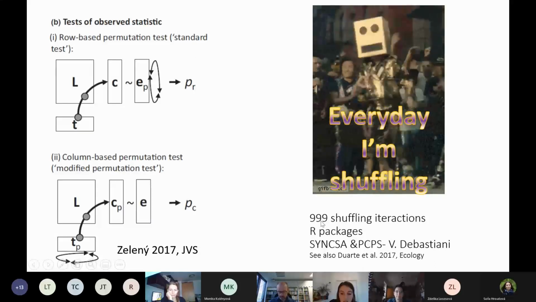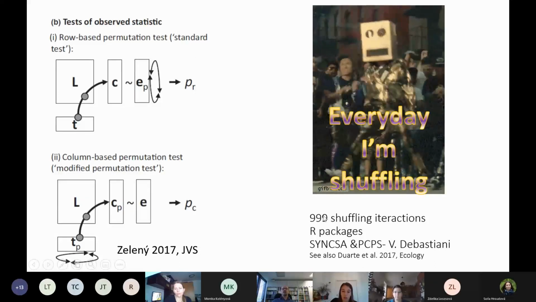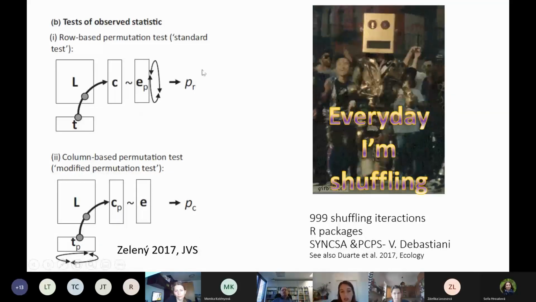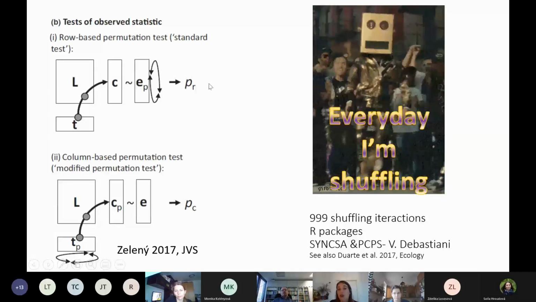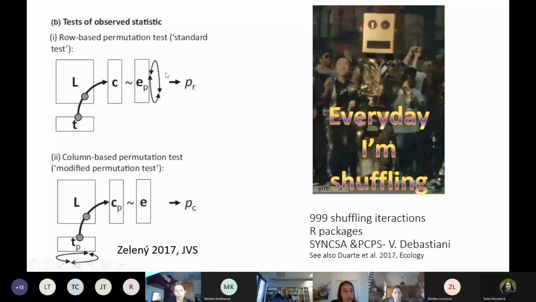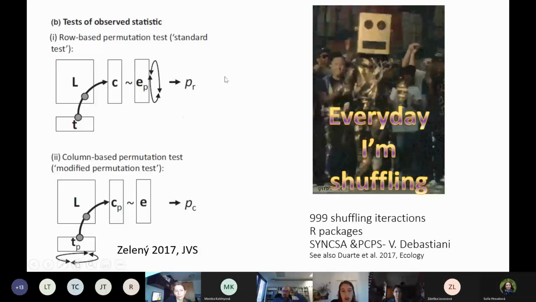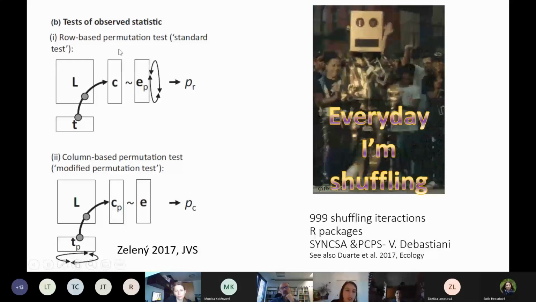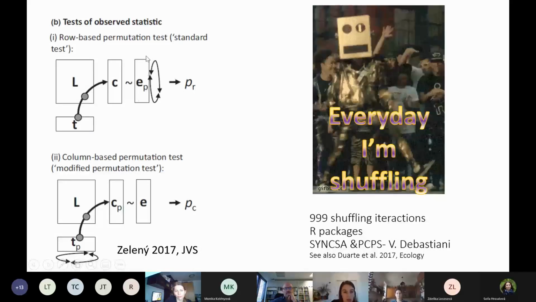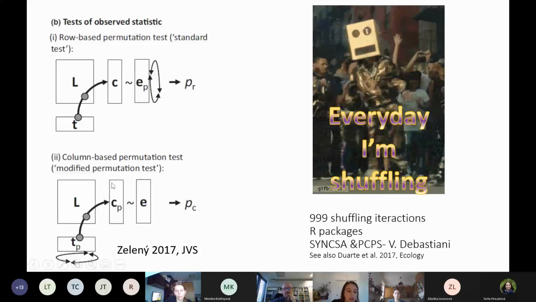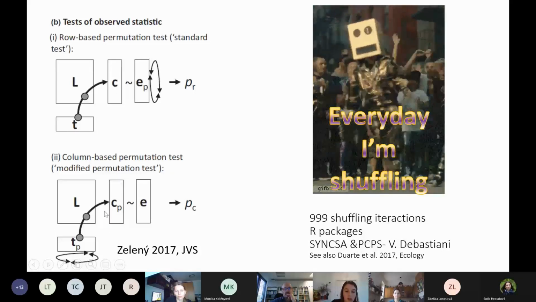I did it 999 times to generate the P with shuffling the trait, and not the normal way. Here, if you enter R, or any program, you usually enter with these two matrices. So for testing this, I had to enter with this and this matrix. This one was calculated in every iteration.